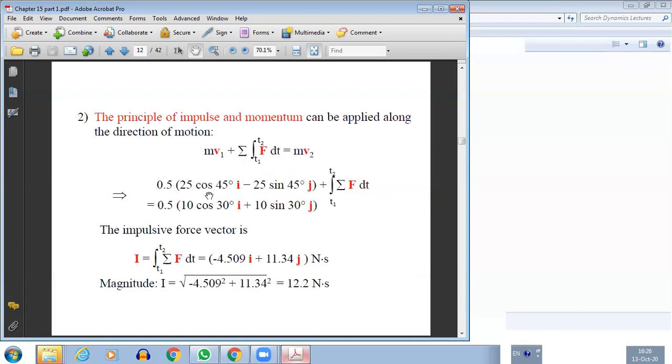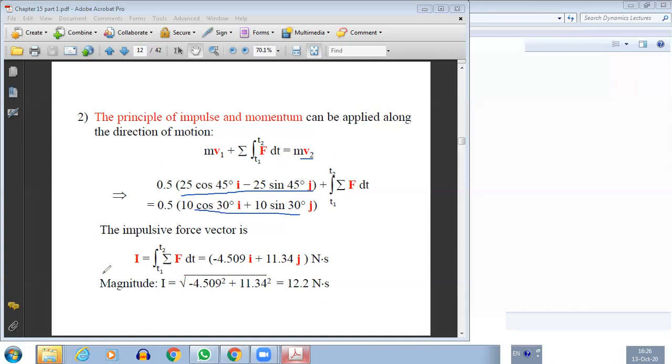So 25 cos 45 i minus 25 sin 45 j. That is the vector format, plus the summation of F dt from t1 to t2 equals mv2. Then it moves 30 degrees in the upward direction, so the x component is positive and the y component is also positive.